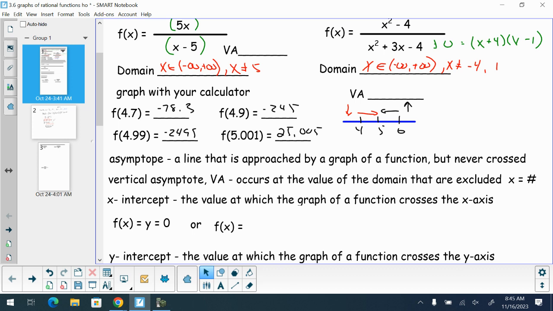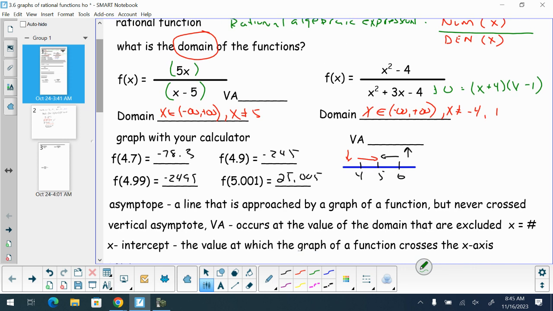When you plugged in the value 5 into our graph, you got a domain error, and we had to exclude it. What occurs there is a vertical asymptote. If we take a look at our first rational expression, 5x over x minus 5, the value we had to exclude was x cannot equal 5.